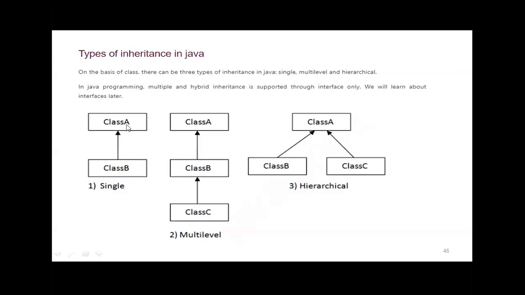Child class that is B, parent class that is A. When the child class acquires all the property of the parent class, like data member and member function of class A, they come inside class B, right? So we need to create an object of only class B. No need to create an object of class A because all the data members and member functions come inside class B. So what type of category do we call this?